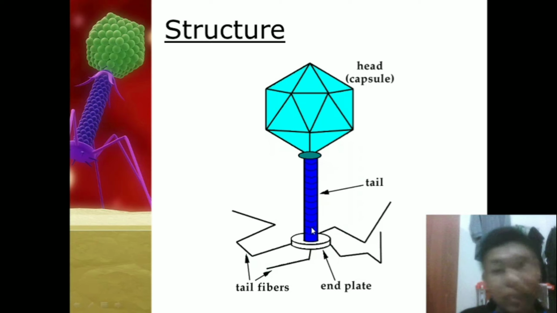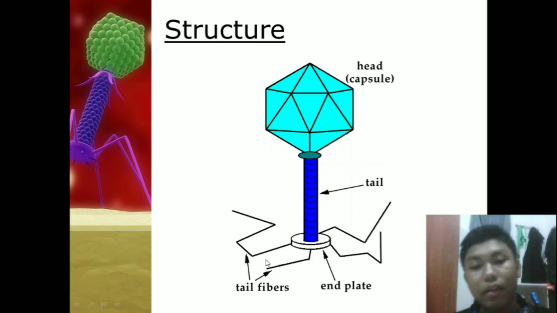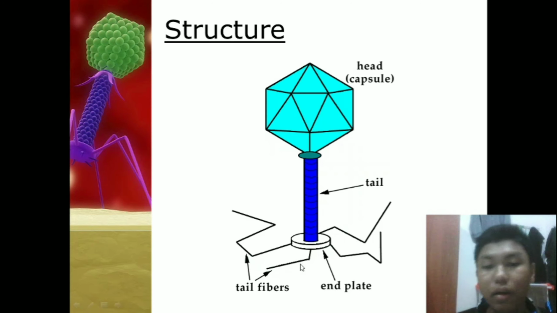This is the tail, made from protein and fat, to send nucleic acid down to the end plate and inject it to the host. And this is tail fibers, made to attach to the host, and then the end plate injects the RNA or DNA, nucleic acid.